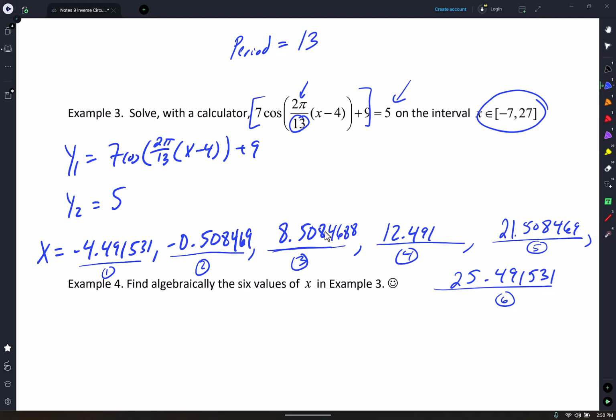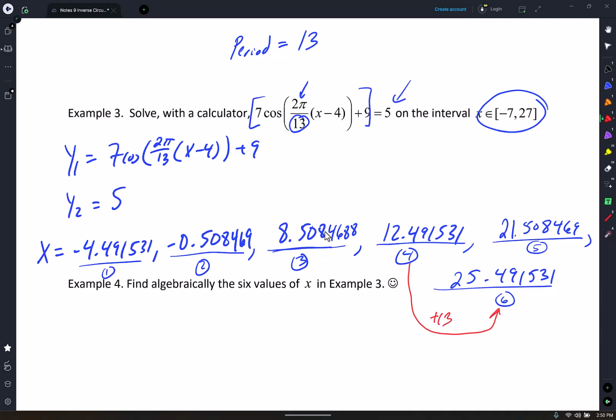12.491. Yeah, that sounds correct. Yep, 491531. Check it out, guys. I just want to make sure that you're not robots. If you add 13 to number 4, it'll get you to the number 6 one. See, 12 plus 13 is 25.